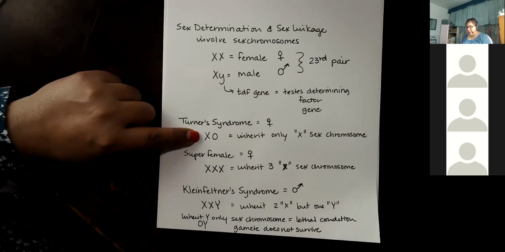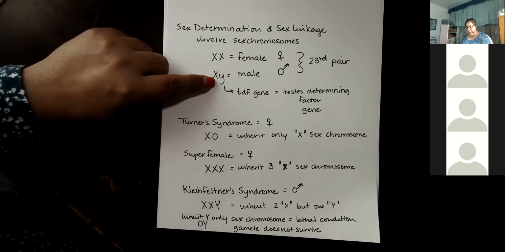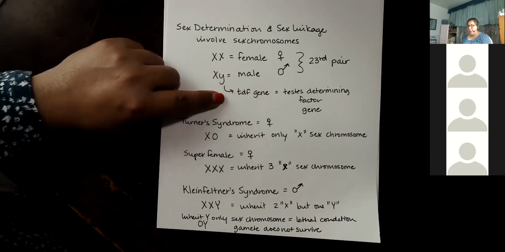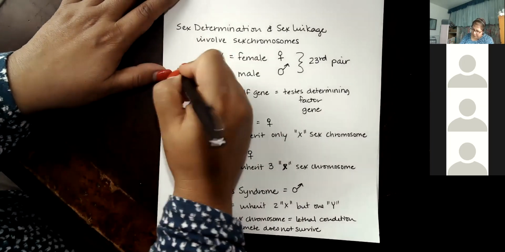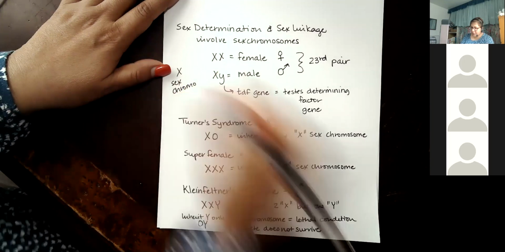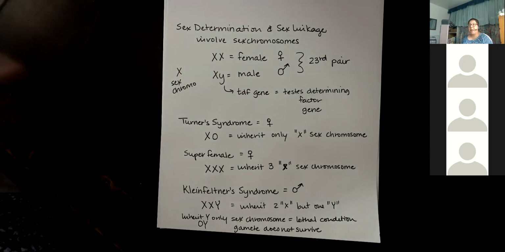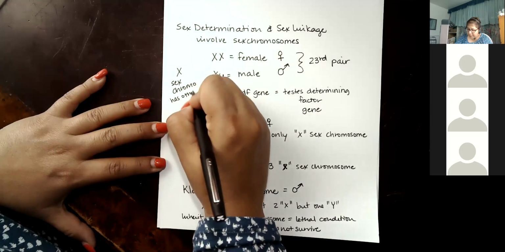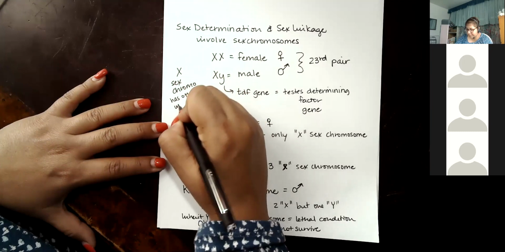The Y sex chromosome, it's possible that it does not contain stuff that is necessary for life, but it does contain information that is necessary for the determination to be a genetic male. So the X sex chromosome, in addition to information about becoming female, has other info that's necessary for life.